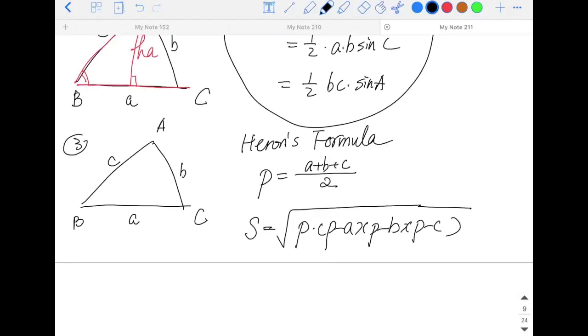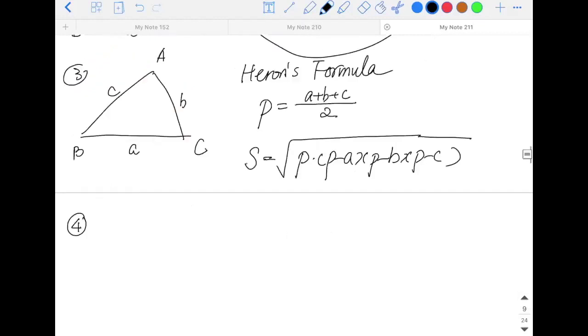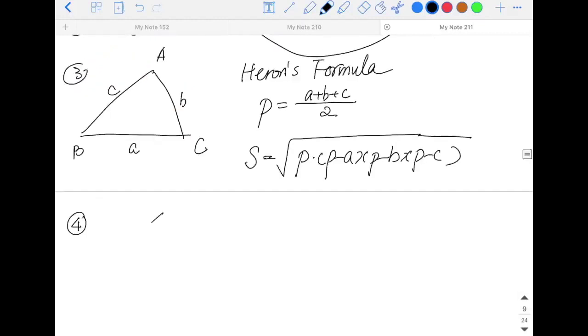Last thing you need to know is something like this. A, B, C, let's say P. If 2 triangles are sharing the same height, right?